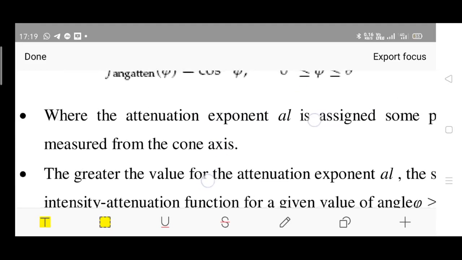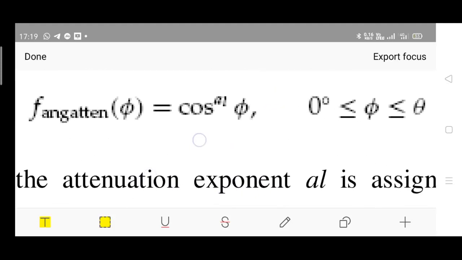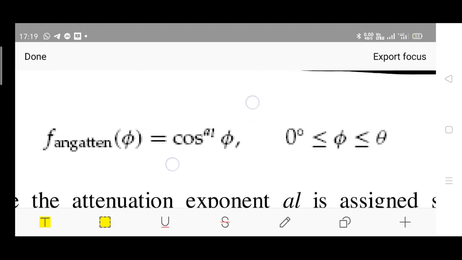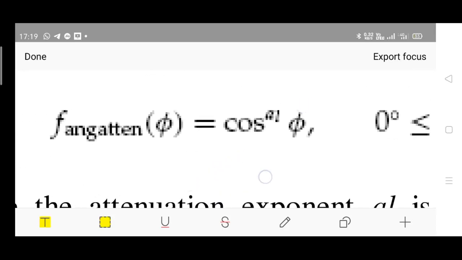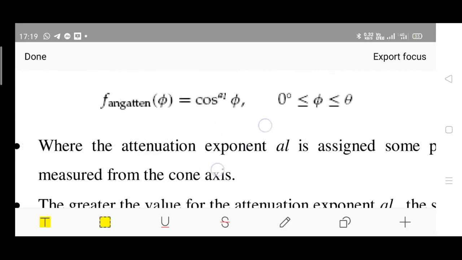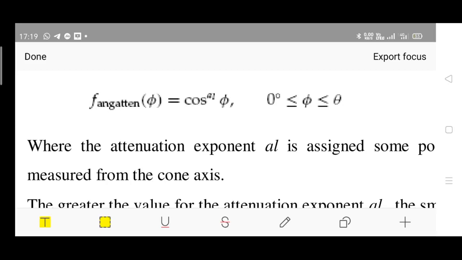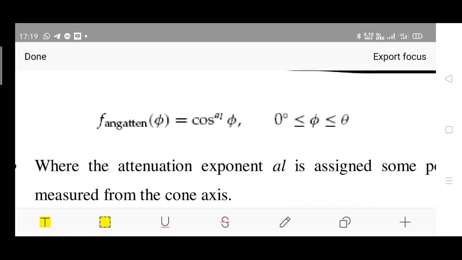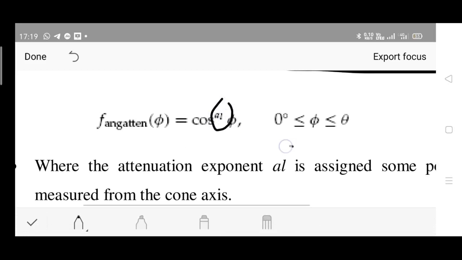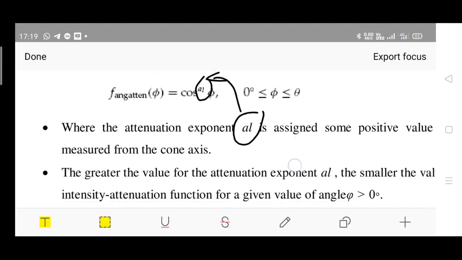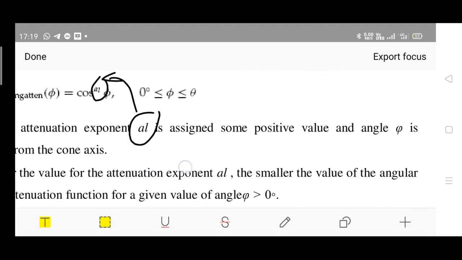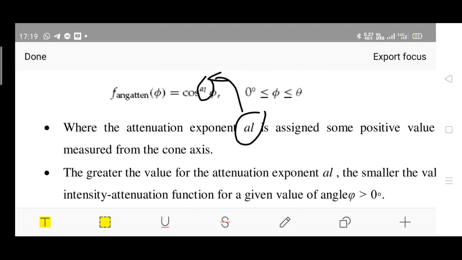Here the attenuation exponent is a l, the notation they have used; you can even use a, not an issue. So cos phi to the power a l, where the attenuation exponent a l is assigned some positive value and the angle phi is measured from the cone axis.